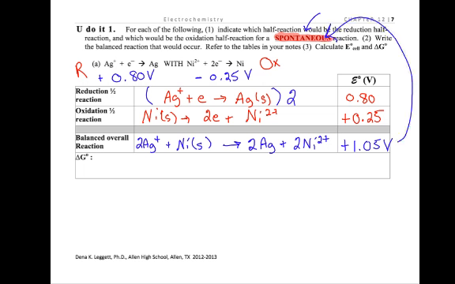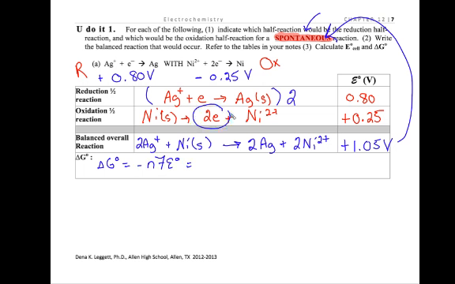If we were looking for spontaneous and you had a negative there, you know to go back and erase what you did because you blew it. Okay? Now, let's go ahead and calculate delta G0. So delta G0 is minus nFE naught.